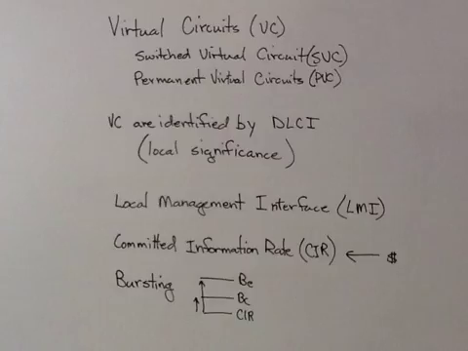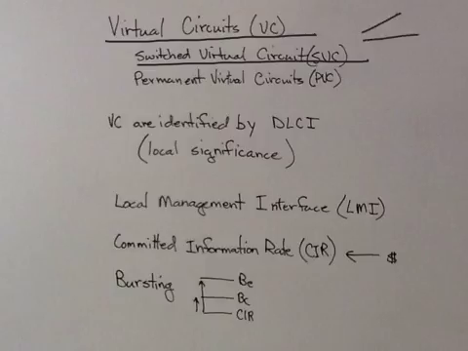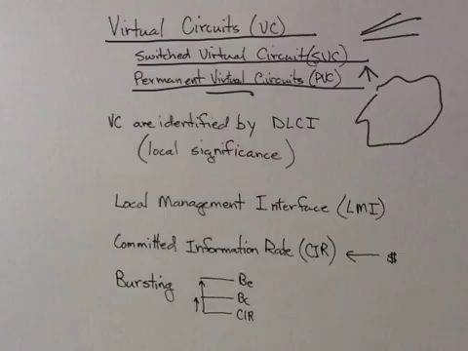All right. So what we create in there are virtual circuits. We have switched virtual circuits, in which we set up the circuit, tear down the circuit, have the traffic travel. Permanent virtual circuits are up, or appear to be up, all the time. Again, they're virtual circuits. Remember, it's packet switched through the cloud. So we use a DLCI to identify it.